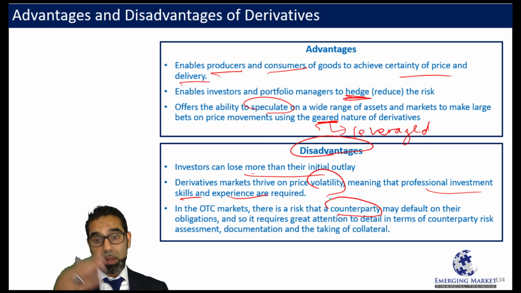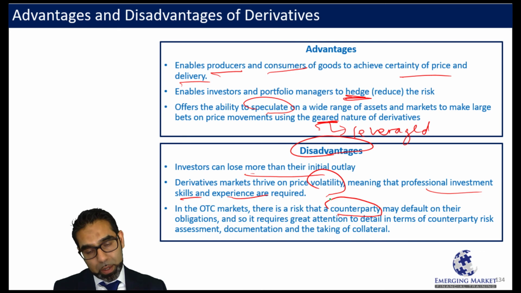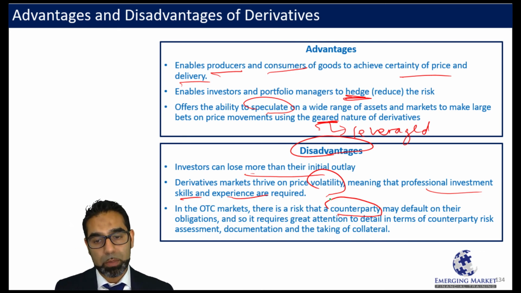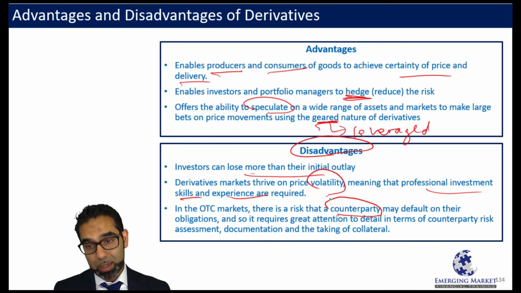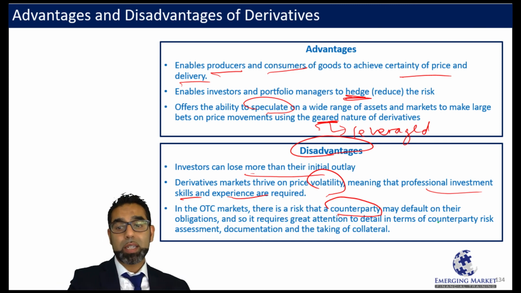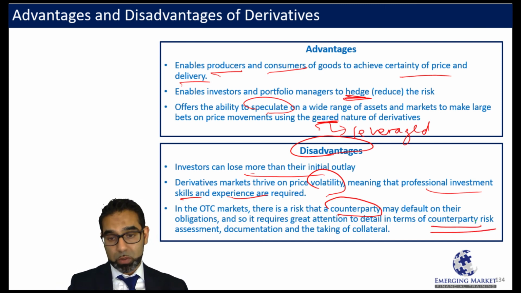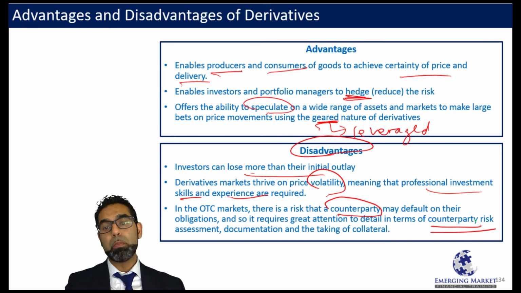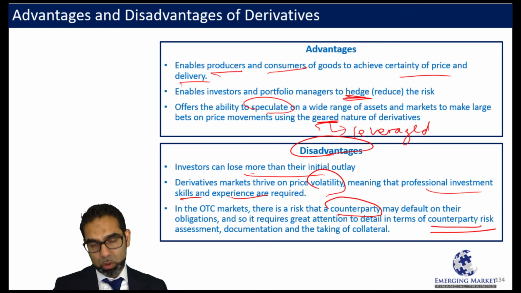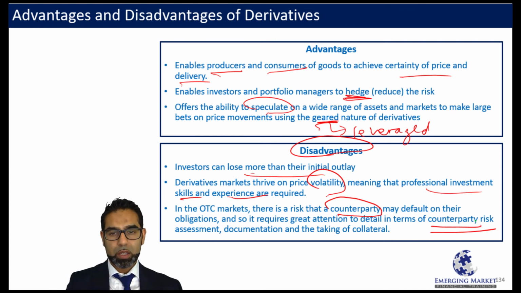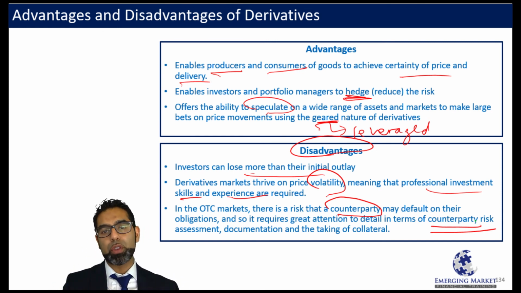Your trade may be up, you may be making money on paper, but the company goes bankrupt, they owe you a lot of money, you may not get it. Okay? And it requires attention to detail in terms of counterparty risk. Often they're big transactions, and it needs good legal documentation and collateral and what we call margining, a way to reduce your risk through margining. Okay? So that gives you a feel of sort of pros and cons. Well worth it for this exam just to know that overview.